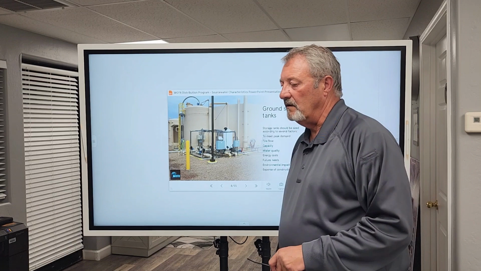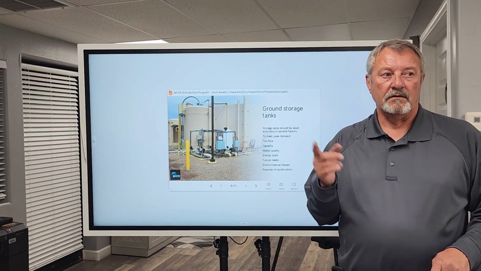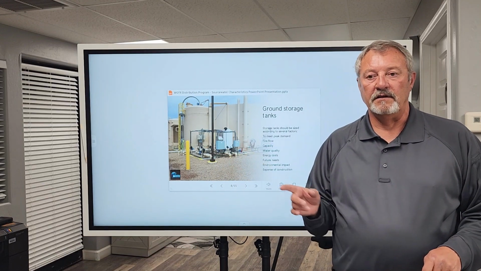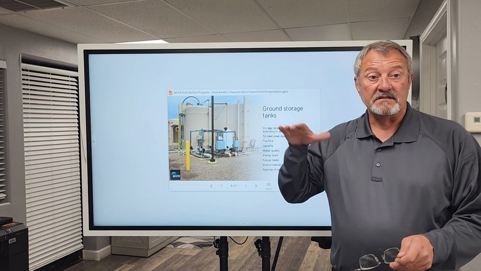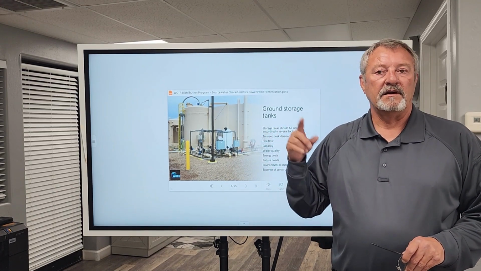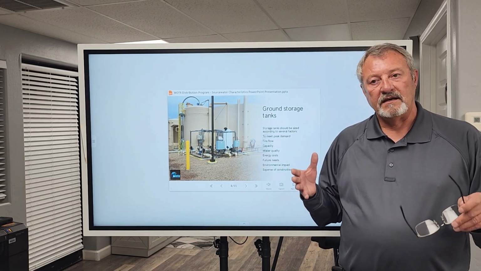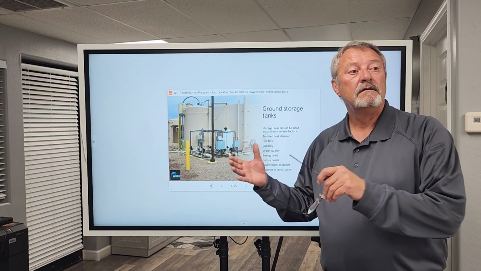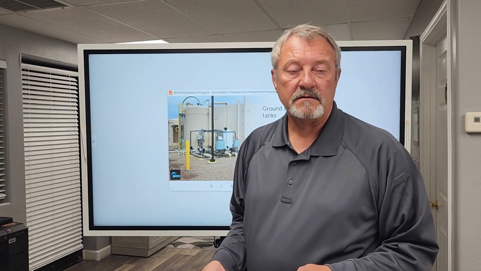That's important to know because if your booster pumps keep kicking on, and we're going to learn about booster pumps here in another video, we have booster pumps that send the water out to the customer and keep the system pressurized. And if they keep kicking on and running continuously, then maybe your system isn't designed to have the capacity required to supply water to your customers.